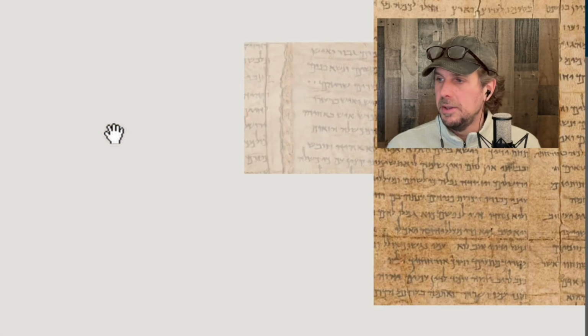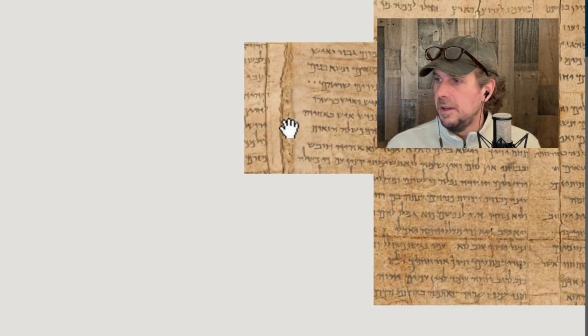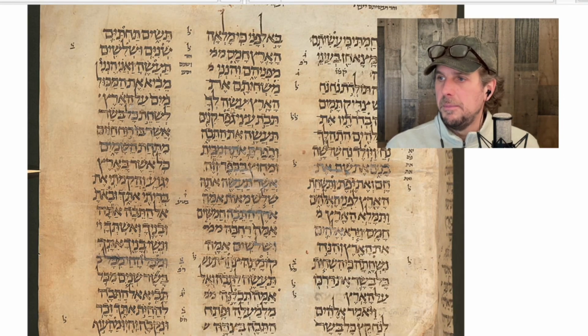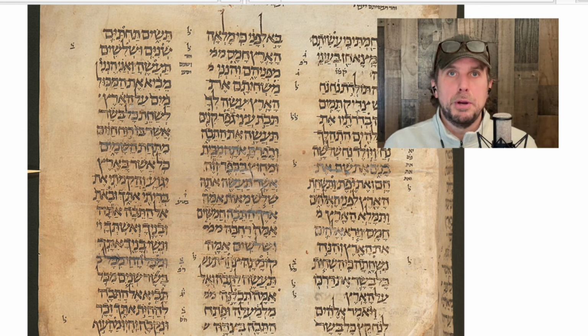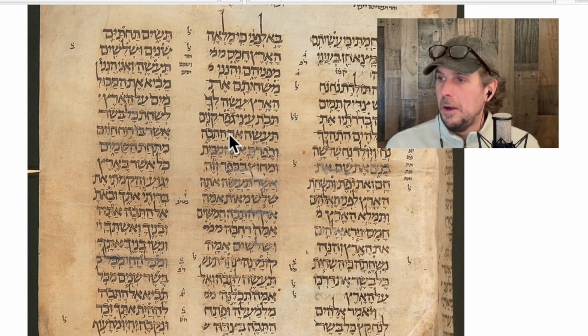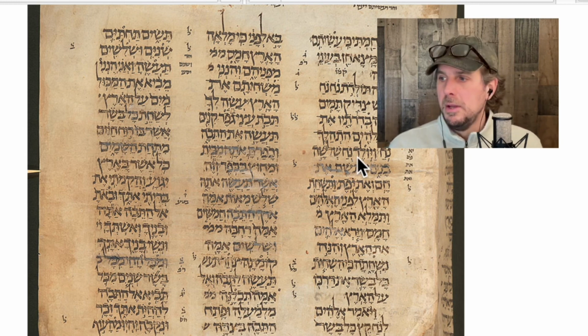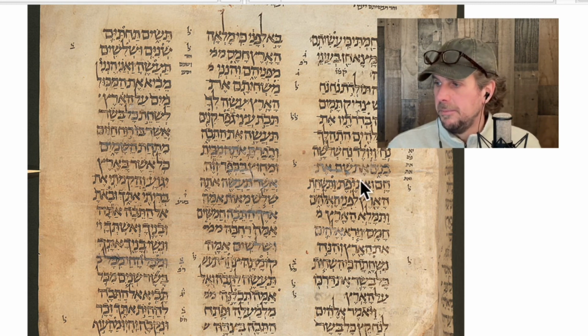You can see here the stitches even, different pieces stitched together. Whereas the Washington Pentateuch, like all the other Masoretic products of the 10th century, is a codex. It's a book. It's got pages that you flip through. So the technology had shifted over that 1,000-year period.